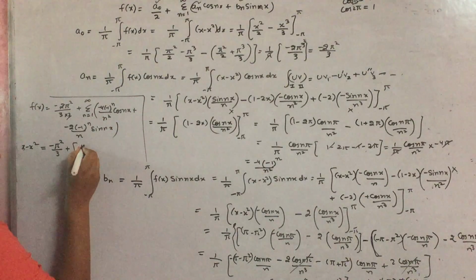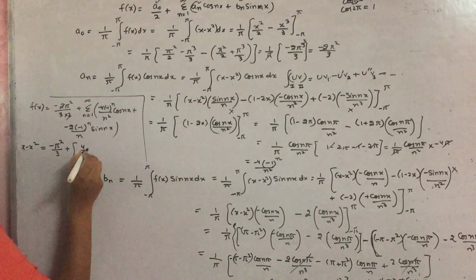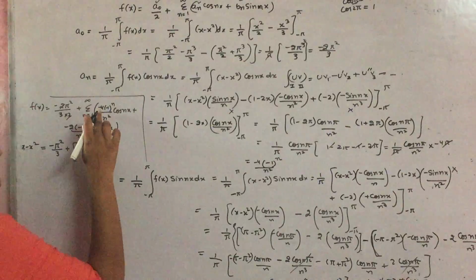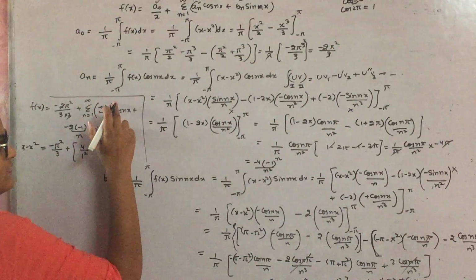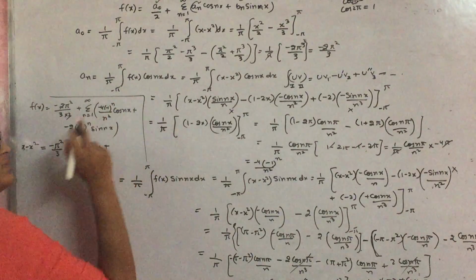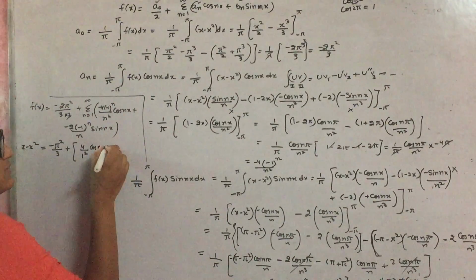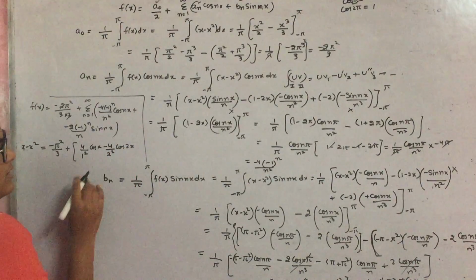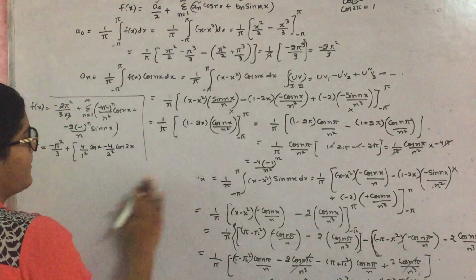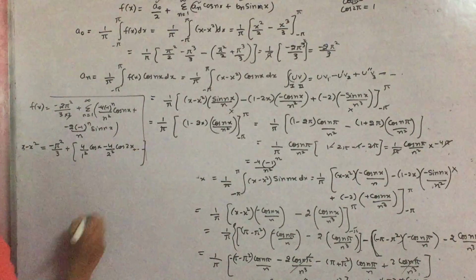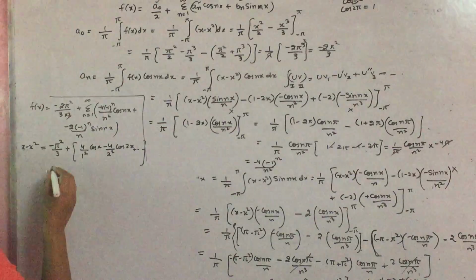Minus minus plus 4 by 1 square cos x. Now if you substitute n as 2, minus 1 square becomes plus 1. So it will become minus 4 by 2 square cos 2x. Then also, and similarly it will keep going on like this.